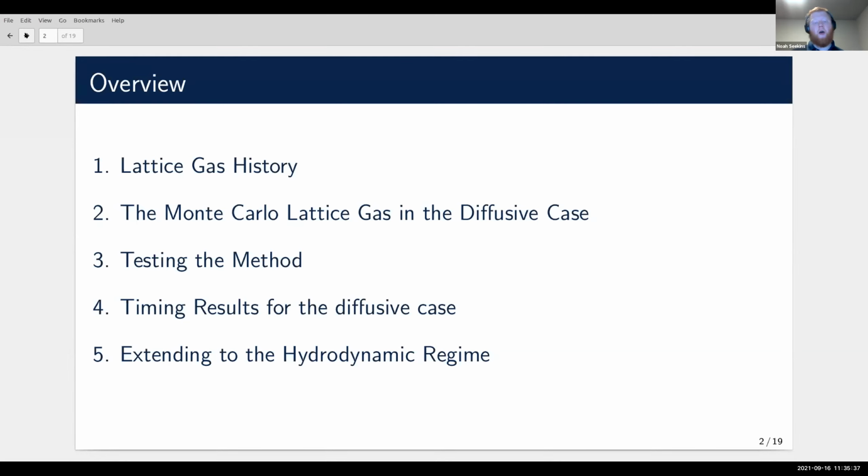We'll discuss how exactly we developed it and how exactly we tested it. We'll show the timing results for the diffusive case, and we will discuss some of the challenges that we've encountered in extending this Monte Carlo lattice gas to the hydrodynamic regime, which we have a decent bit of progress on as well.